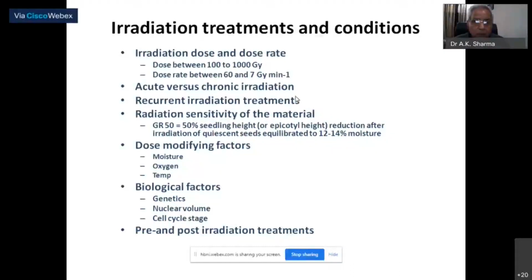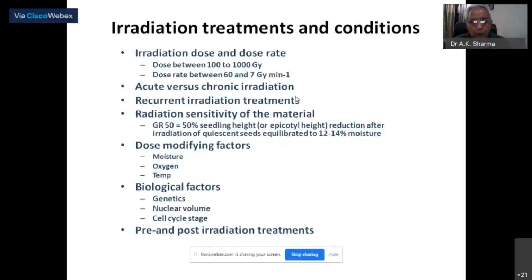So when the cells are replicating, they are most sensitive, and when they are dormant, that means they are in interphase, they are not replicating rapidly. So rapidly replicating cells are much more susceptible to the effect of radiation than those quiescent or dormant cells.